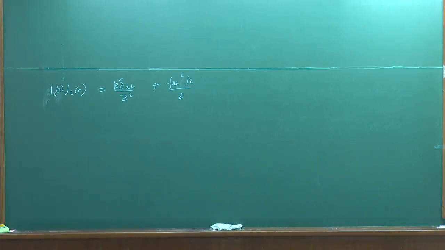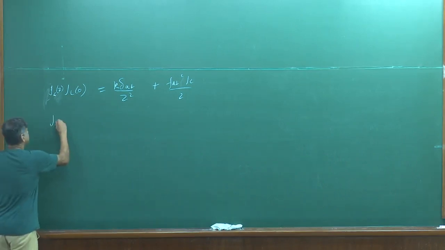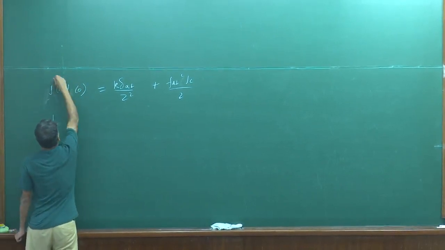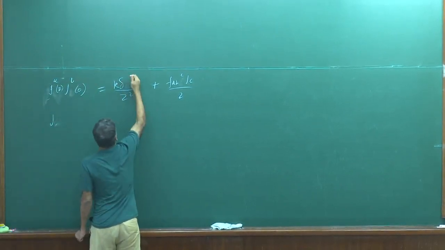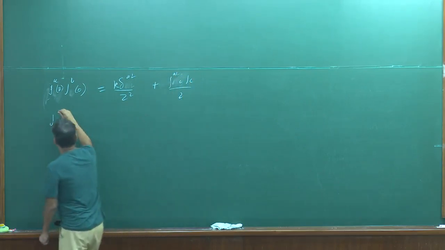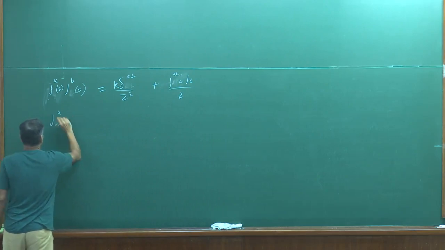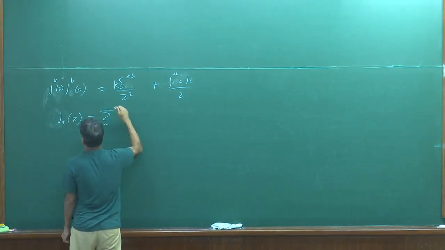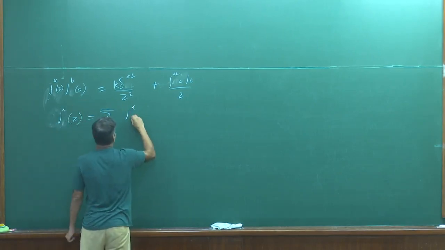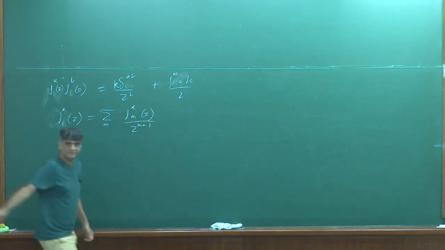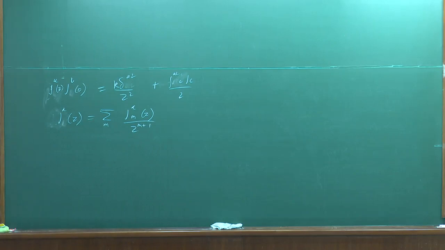And you remember that we had taken these J^A and expanded them. Maybe we'll put the A's and B's up. So we expanded J: J^A(z) was equal to the sum over m of J^A_m divided by z to the power m plus 1. The usual expansion.